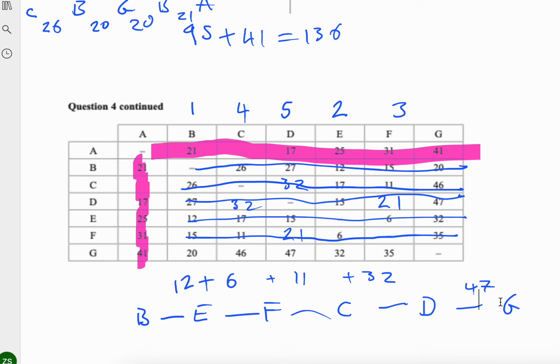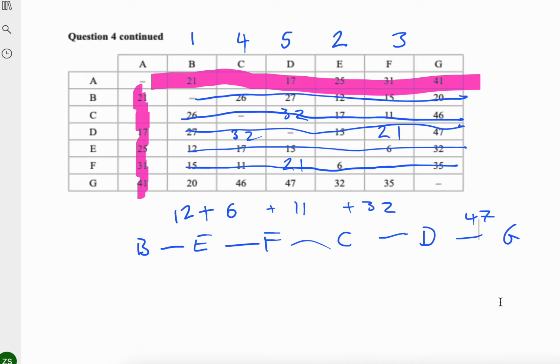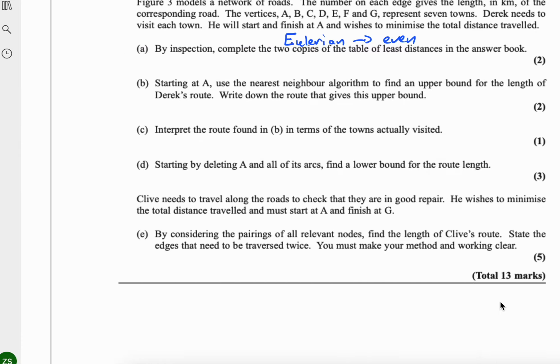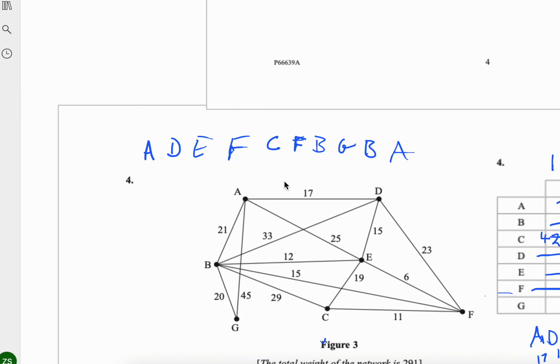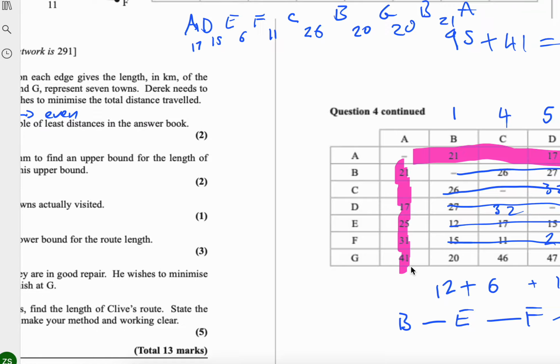Okay, what do we do now? Then you go back to A and pick the least two numbers. If you're looking at A, what are the smallest numbers connected to A? 17, 25, 45, or 21? 17 and 21. So AD and AB.